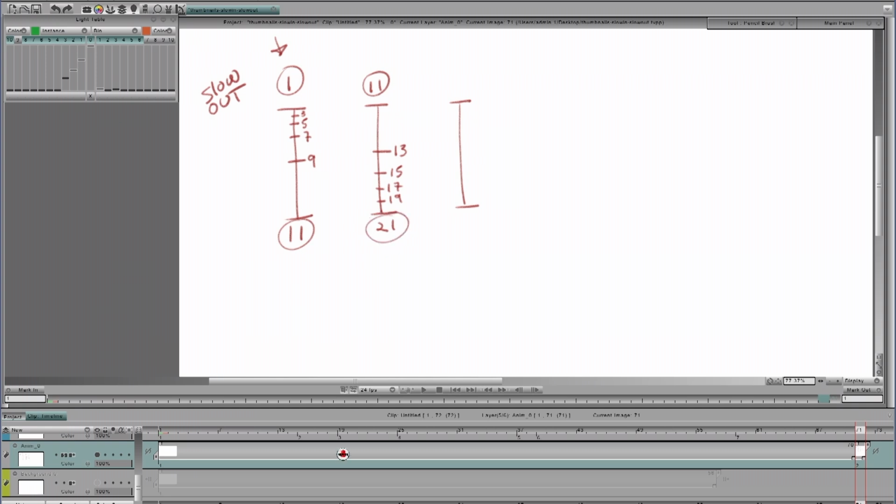Okay, we look at these two charts, this one being a slow in, right there. And we look at these and we've got the dashes, and it is roughly indicating a slow out and a slow in. To make it perfectly clear, I put in loops.